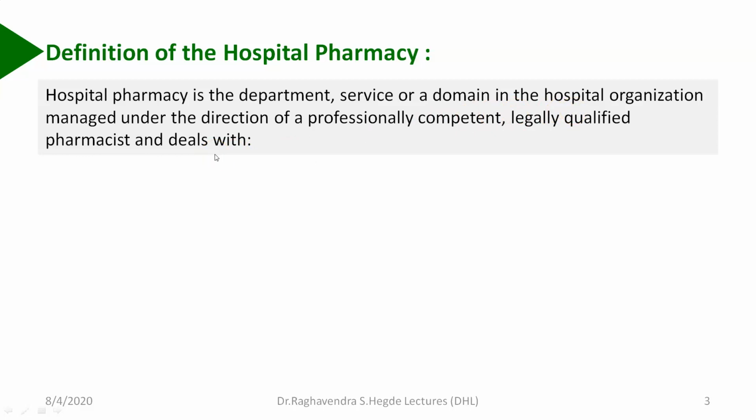And he deals with many things. Firstly, we shall understand the definition in a detailed manner. Hospital pharmacy is the department or service or any kind of domain in the hospital organization which is directly managed under the direct supervision of a professionally competent pharmacist.